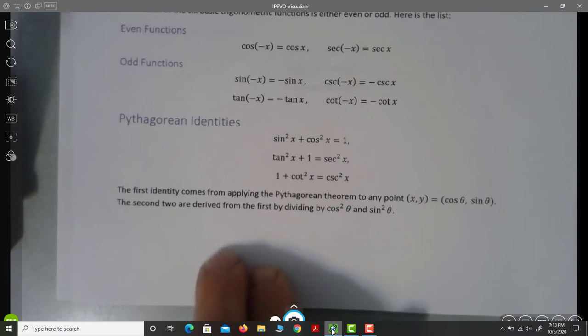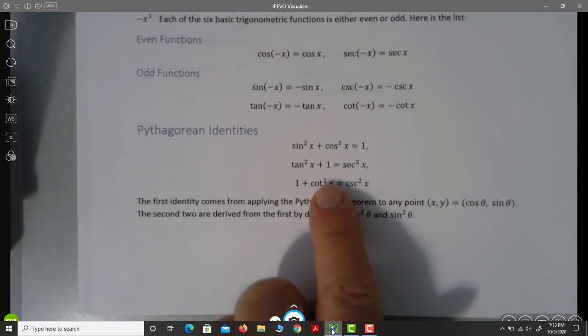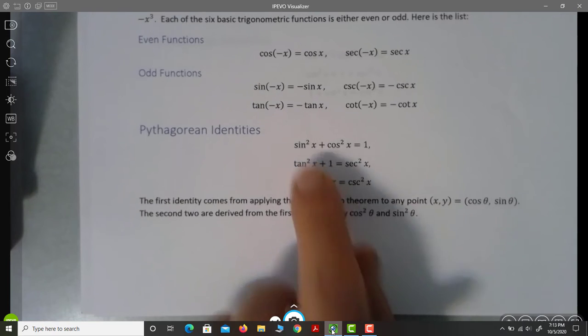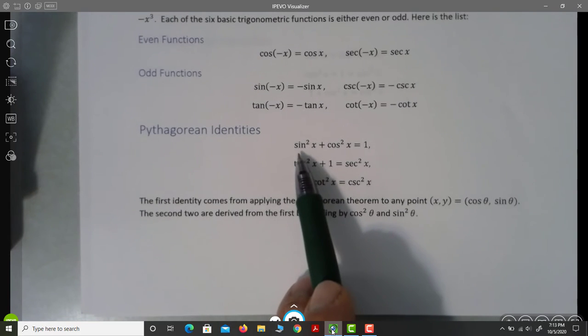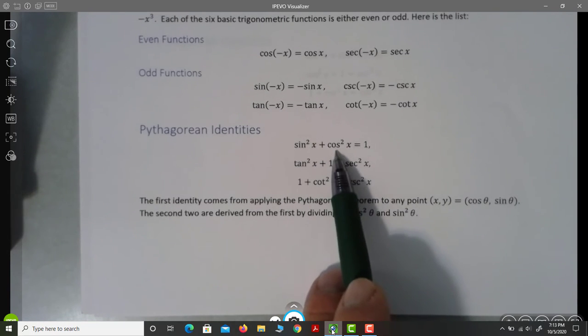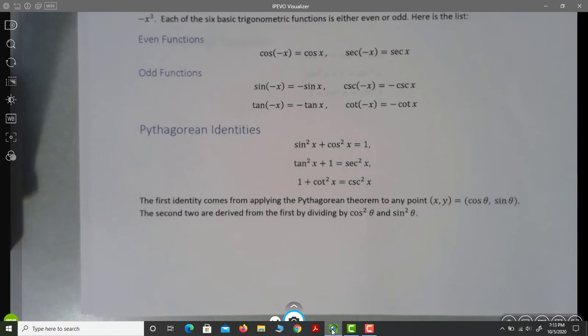The last set of identities that you really want to be familiar with are called the Pythagorean identities. Sine squared x plus cosine squared x is equal to 1. And you can get that from the unit circle.